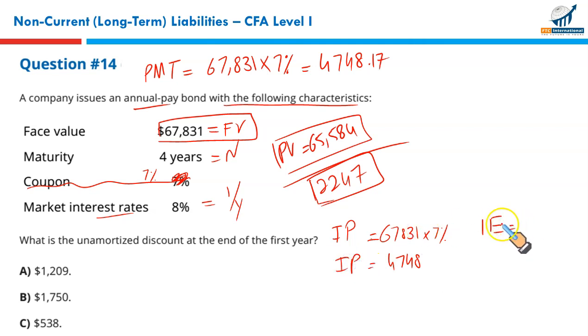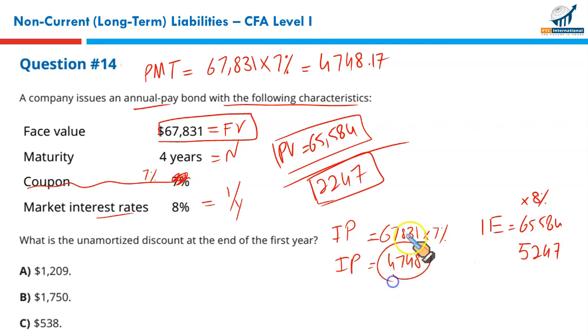What is interest expense? Remember, interest expense is calculated at the book value, which is 65,584 multiplied by the effective rate of 8%. So 65,584 multiplied by 8% is approximately 5247.